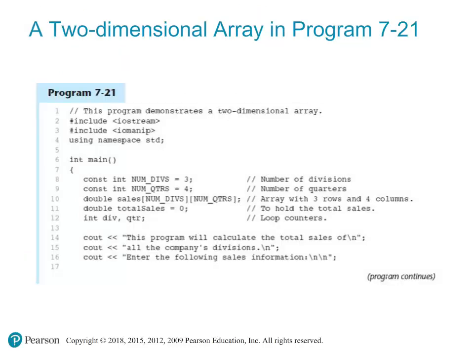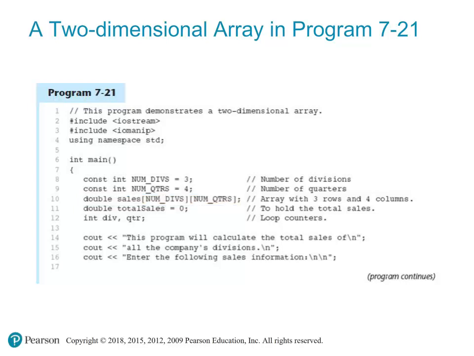This program uses a two-dimensional array to store and manipulate sales data for a company's different divisions and quarters. First, we define constants for the number of divisions, NUM_DIVS, and the number of quarters, NUM_QTRS. Then we declare a 3 times 4 array called sales, which will hold the sales data.